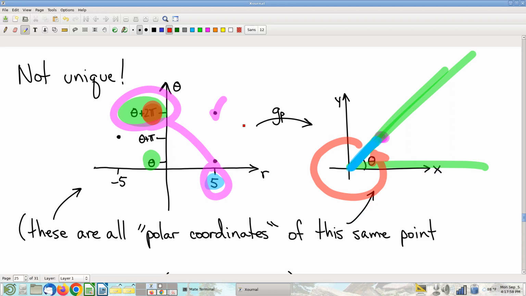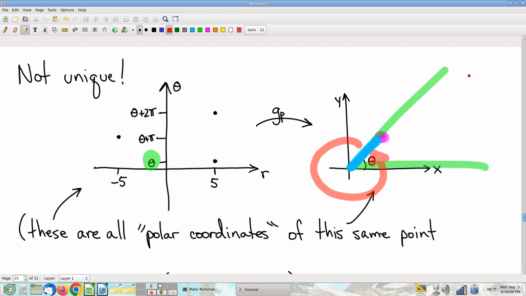And then it gets weirder because you don't even have to go a full extra turn around. You can also go just a half turn around. If you do an extra half turn, that's an extra pi, right? Now notice that has you going what you might call the exact wrong direction.